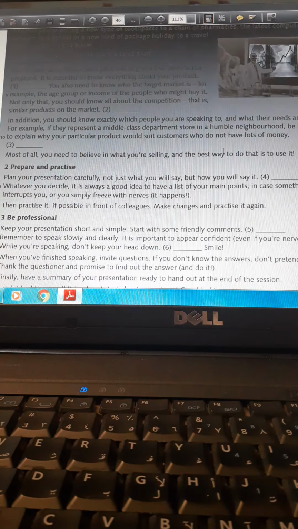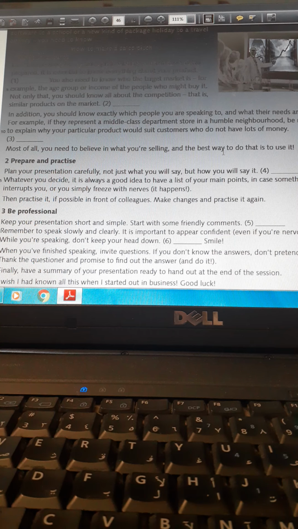You also need to know who the target market is. You should know who the target market is. For example, the age group or income of the people who might buy it. I'm going to stop here. For example, I'm selling seniors jackets like the ones you bought at the beginning of the year. Who will be my target market?